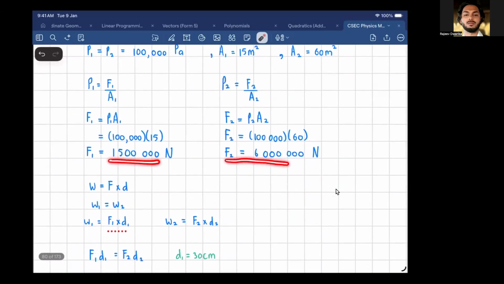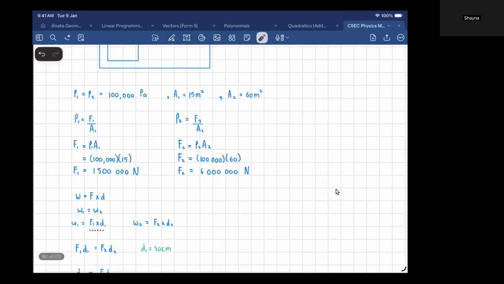It starts with M. The force is being what? Multiplied. Yeah, the forces are being multiplied by the ratio of the area.